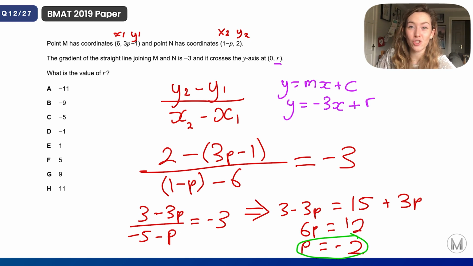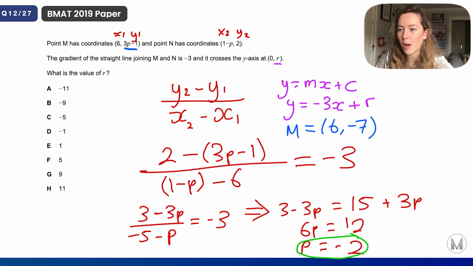We can now put the actual coordinates for m into this equation to work out r. So, having worked out that p is minus 2, we can say that the coordinates for m is 6, 3p minus 1. So 3 times minus 2 is minus 6 minus 1. So that has to be minus 7.